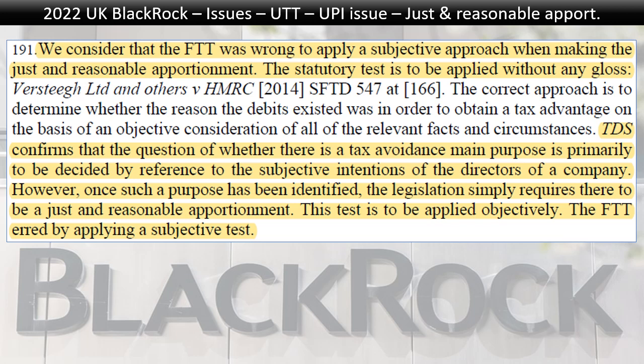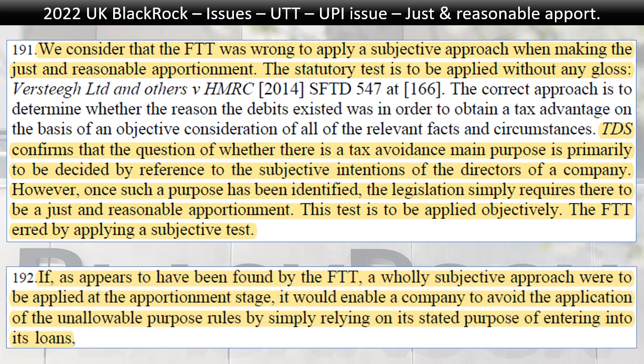The FTT erred by applying a subjective test because they said the board told us that they were told that LLC 5 could not get any of the interest deductions, right? And that they would have signed even if there was no tax saving because it was too late to change anything.